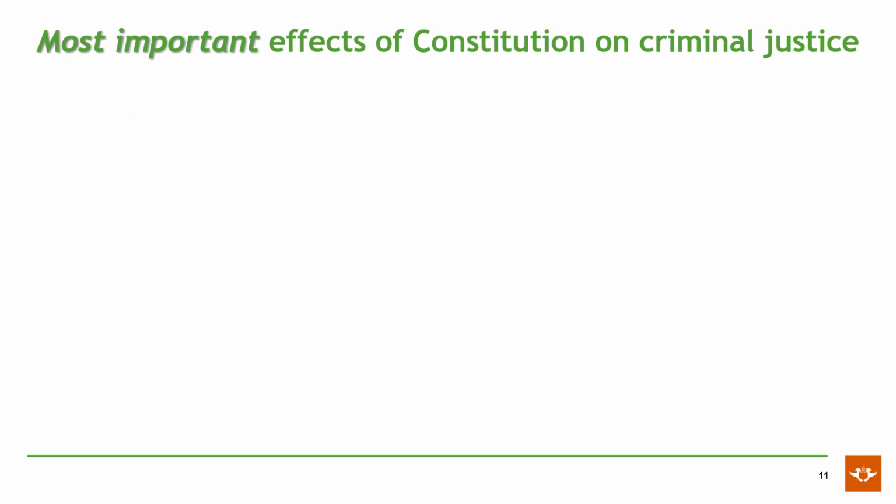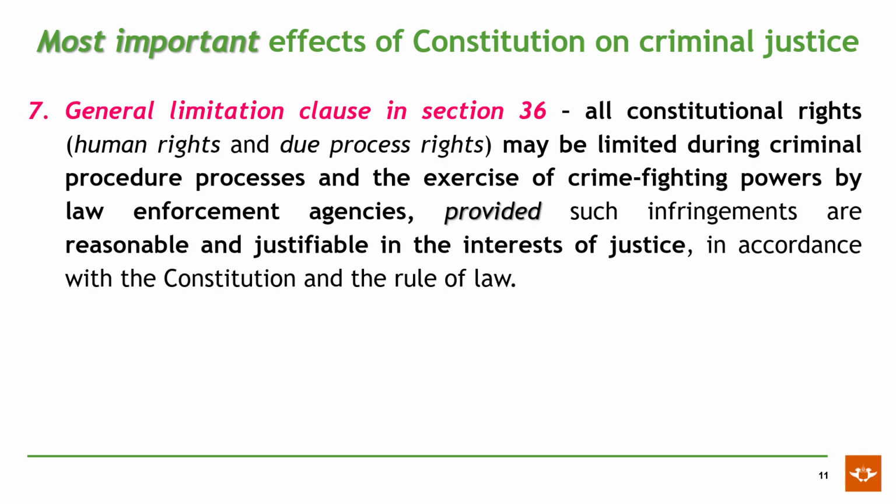Now, what we discussed on the previous slides is that a person is entitled to a number of constitutional rights, including human rights and due process rights if he or she is arrested, detained, and or accused. But it is important to know that none of these rights, as important as they are, are absolute. And the implication is, therefore, that there are likely to be infringements or limitations on these rights, and under certain circumstances, such limitations or infringements are justified.